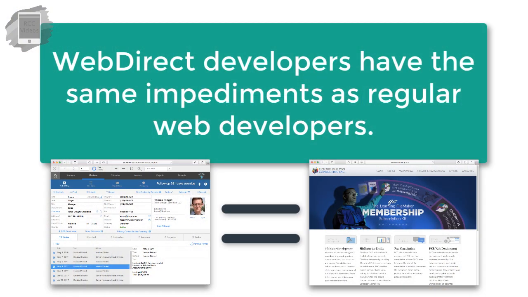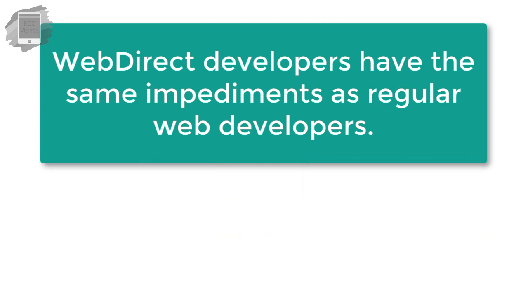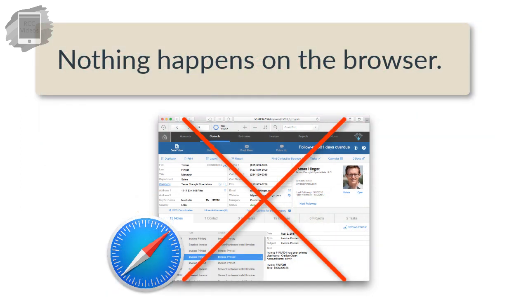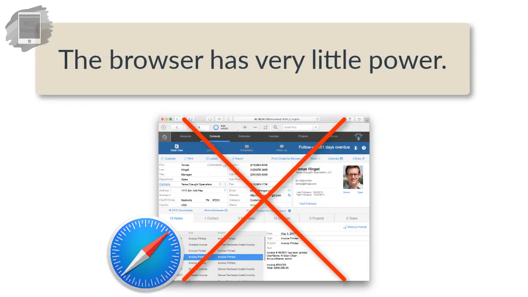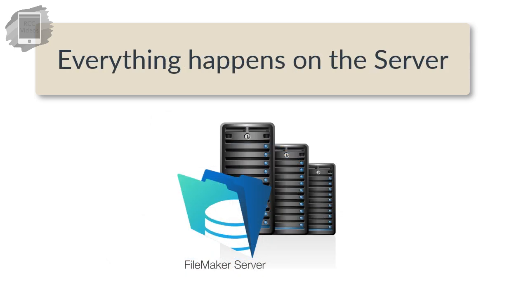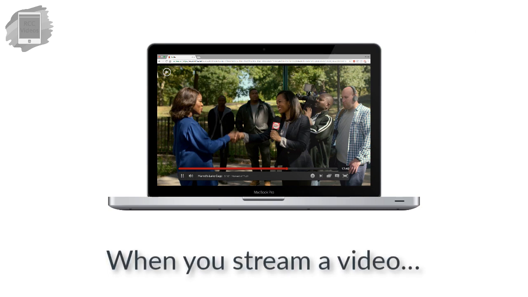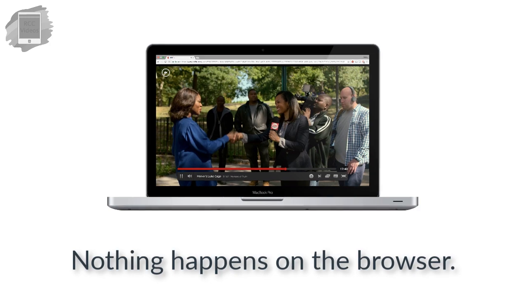Another thing that is very important here is to know that we have exactly the same impediments as any other developer dealing with the web, like Java people or PHP. They have exactly the same problem we have. Nothing happened on the browser. The browser has very small capabilities. Everything happened on the server. For example, when you are streaming a video on Netflix, nothing happened on your browser. What happened is on the server.